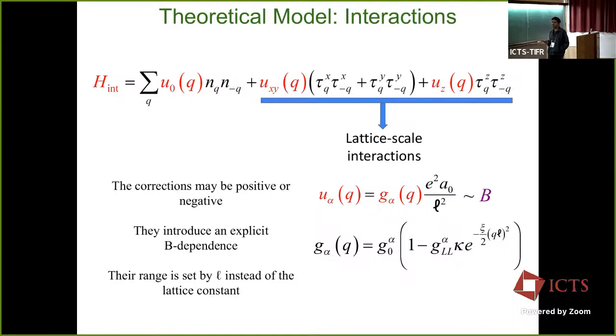They introduce some explicit B dependence through the kappa. And also the range of these interactions is not set by the lattice constant, but rather by the magnetic length. So here we are going to take this model and ask how large should these corrections be in order to explain the experimental data.